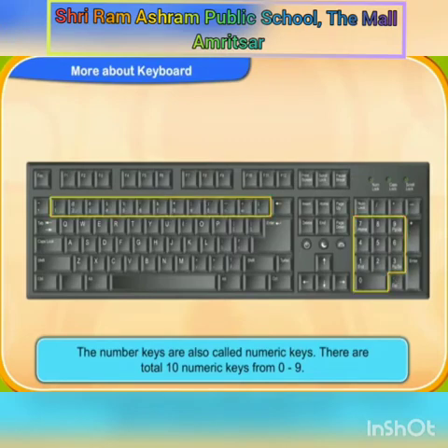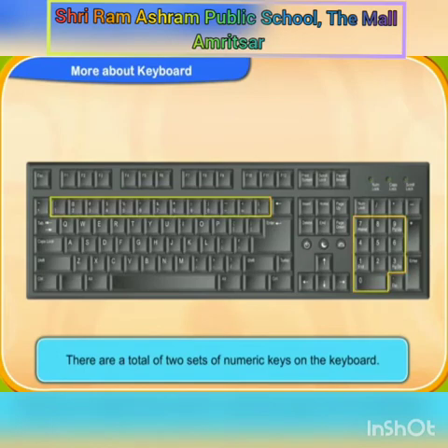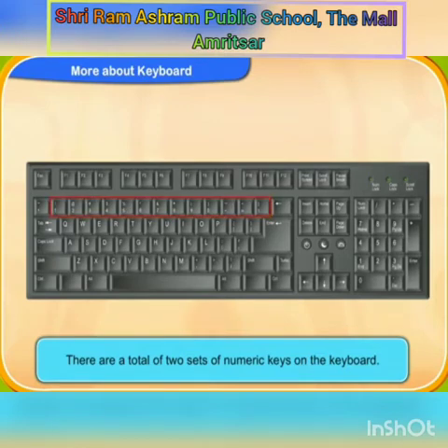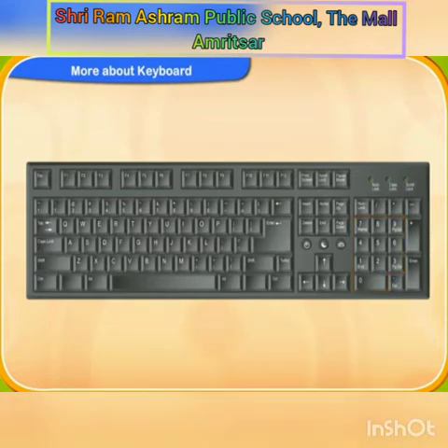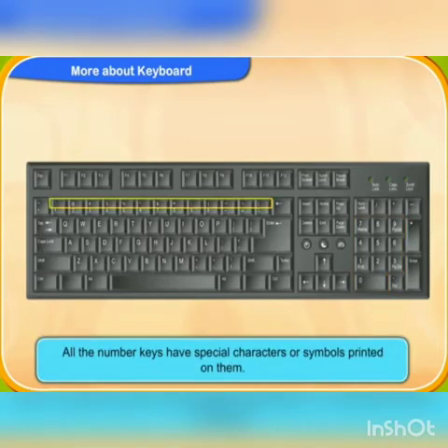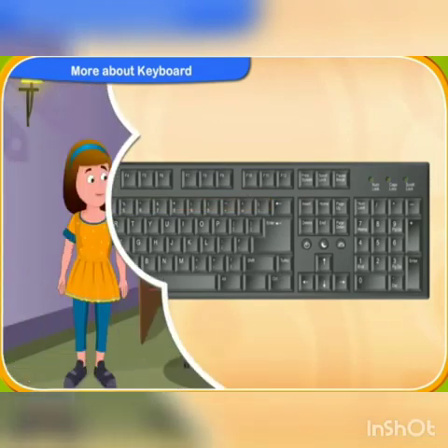There are a total of 10 numeric keys from 0 to 9. There are a total of 2 sets of numeric keys on the keyboard. The first set is on the top row of the keyboard and the second is present on the number pad of the keyboard.